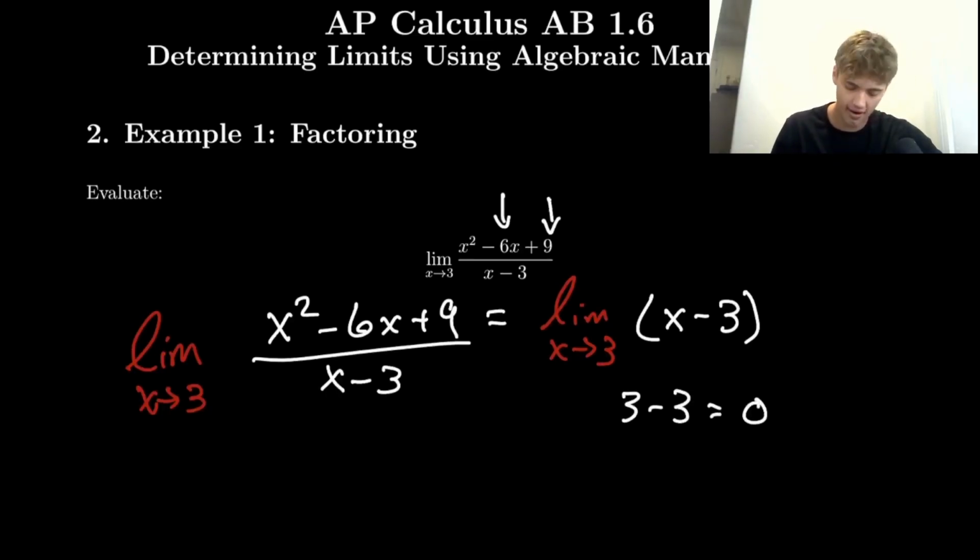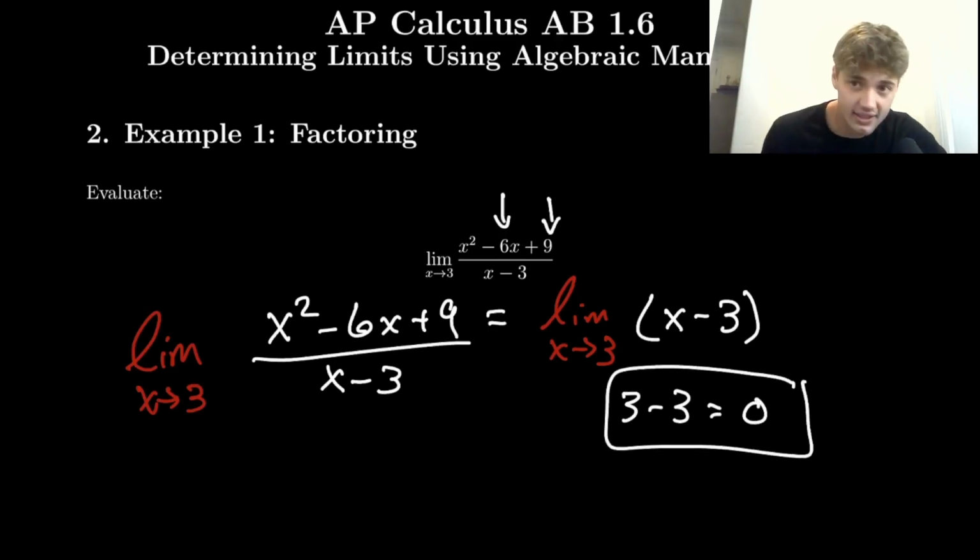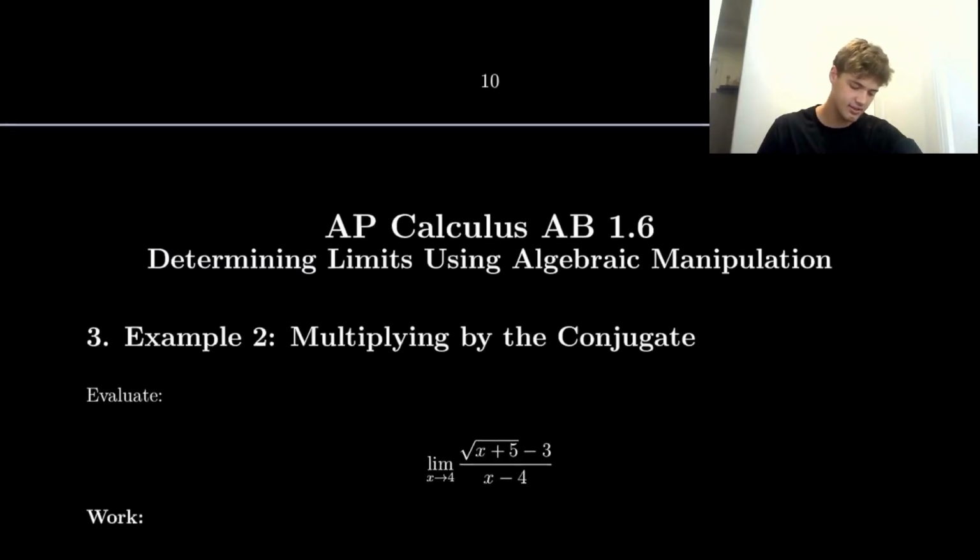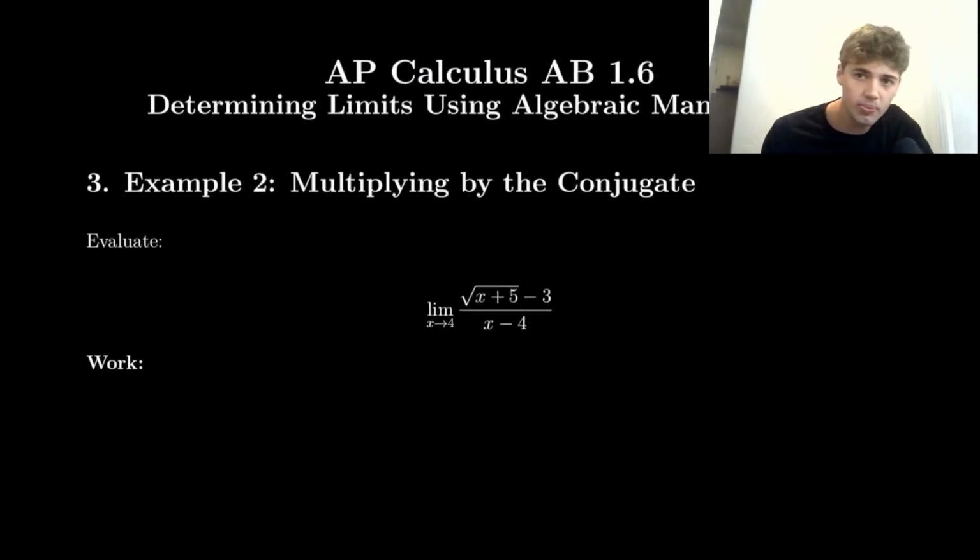And actually, our answer is 0. So 0 over 0 might be indeterminate, but by factoring, we can figure out that the limit actually equals 0. That's our answer. Let's go ahead and do one multiplying by the conjugate.